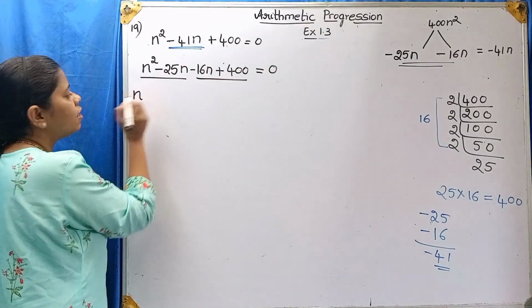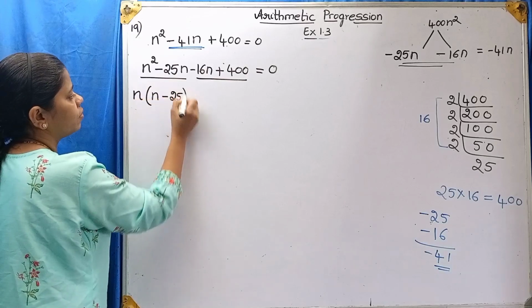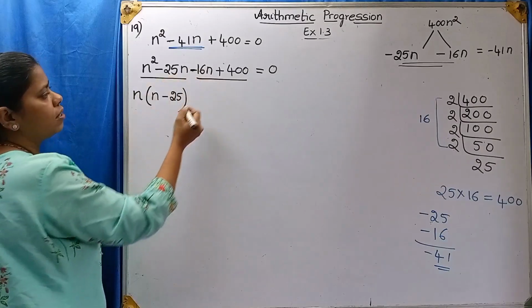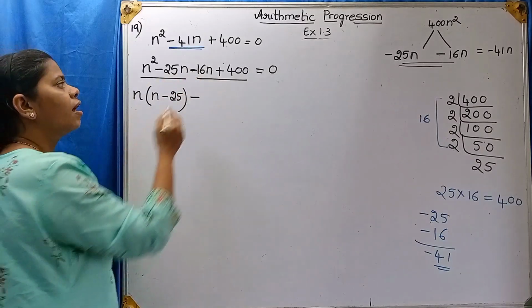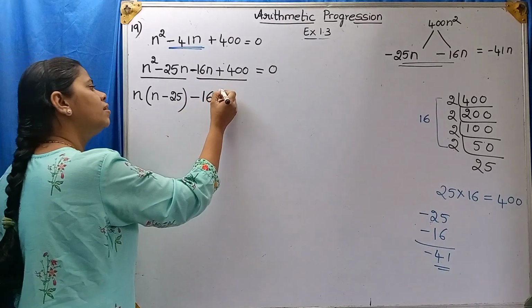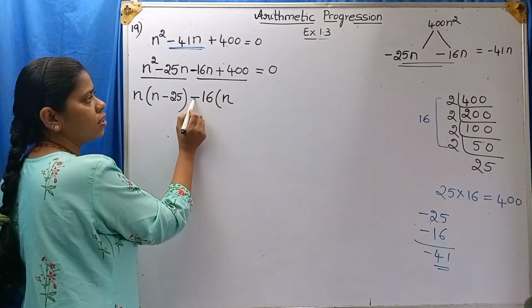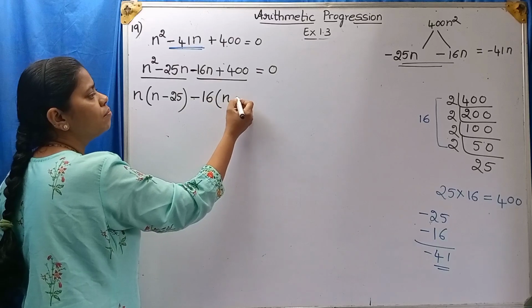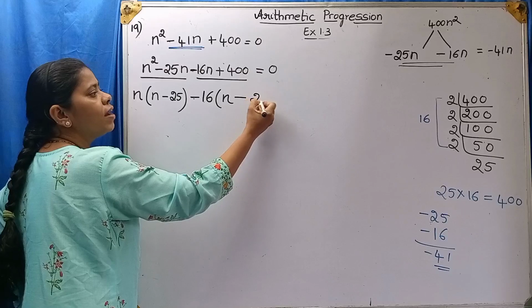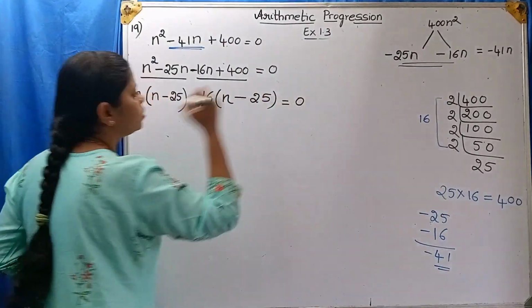Therefore, let me take n outside. n minus 25. Okay? Then, let us take this minus sign outside. Minus. And 16 is common in both, right? 16 n. Yes, since we have taken minus outside, therefore, what will it become? Minus 16 which are 400? 16 25s are 400, right? Therefore, is equal to 0.